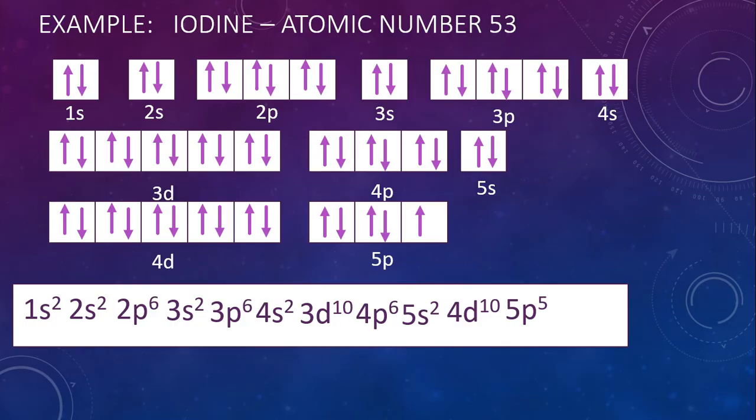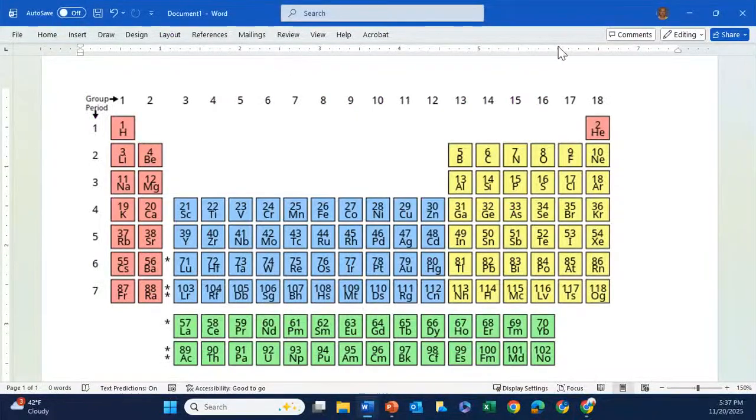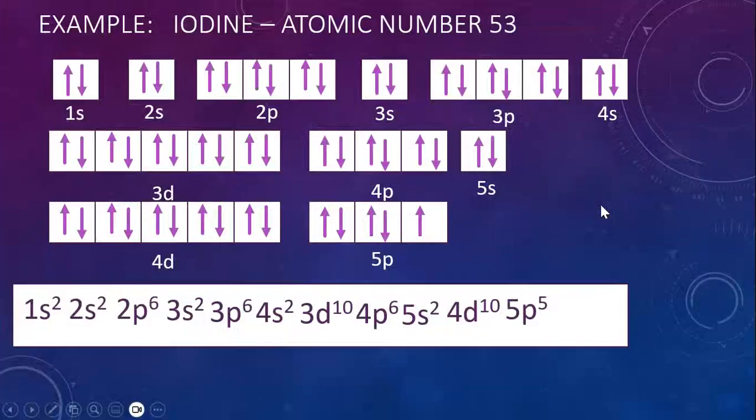So we're doing iodine. Here's iodine right here. We go backwards. The previous noble gas is krypton. Krypton had 36 electrons. So let's find it. 36 electrons. 2, 18, 20, 36. This one here. The 4p being filled is krypton.